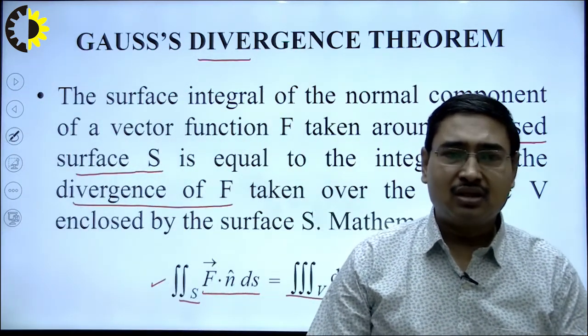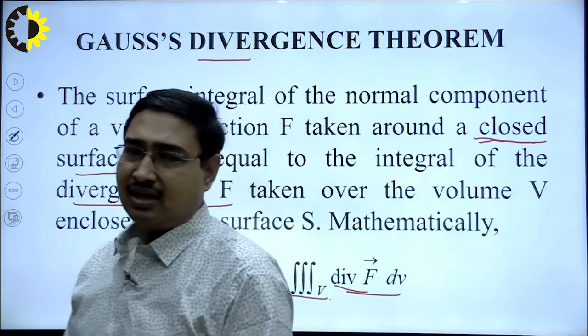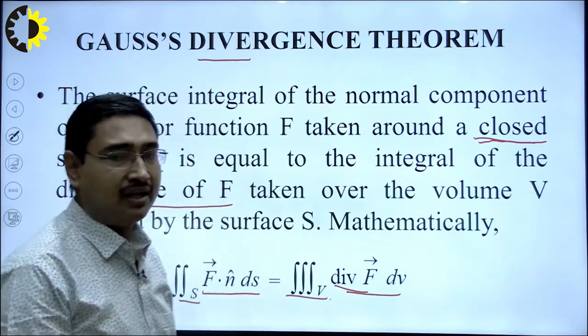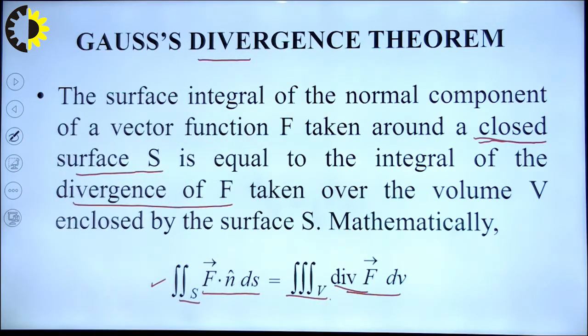Thus, the Gauss divergence theorem converts a surface integral over a closed surface into the volume integral over the volume bounded by that closed surface.